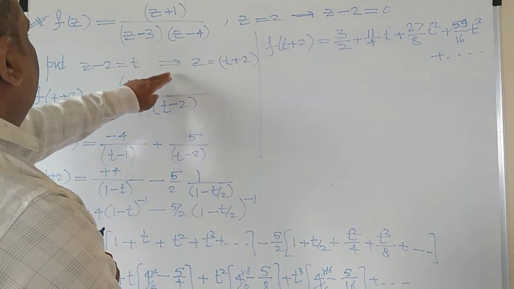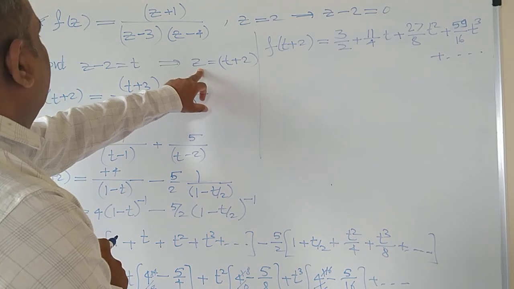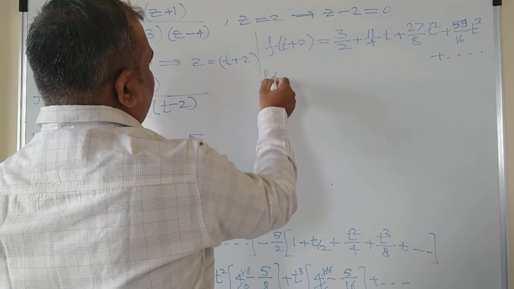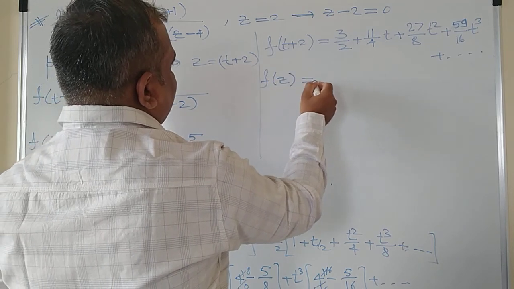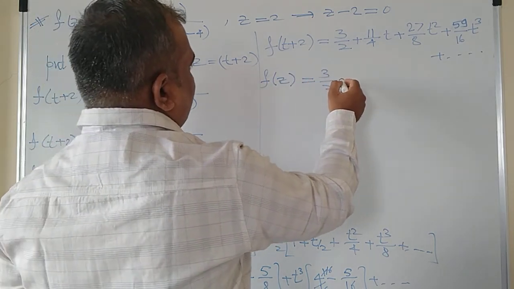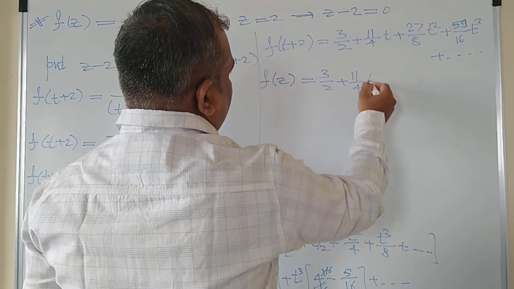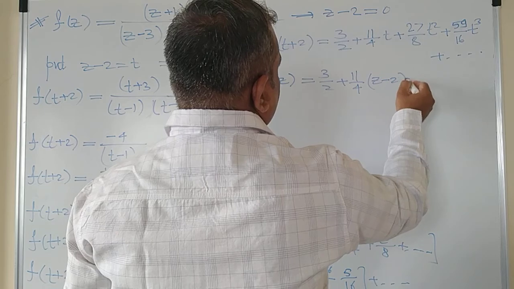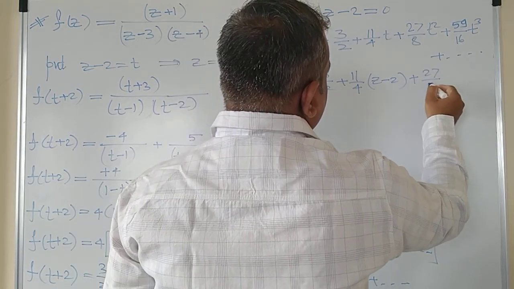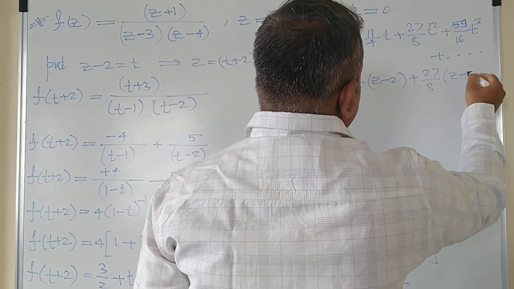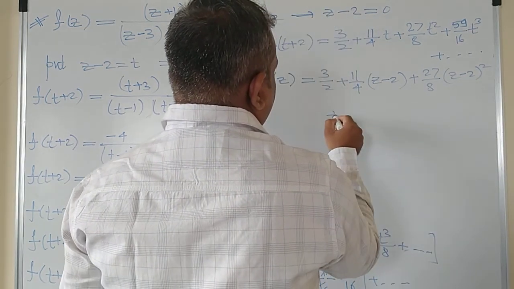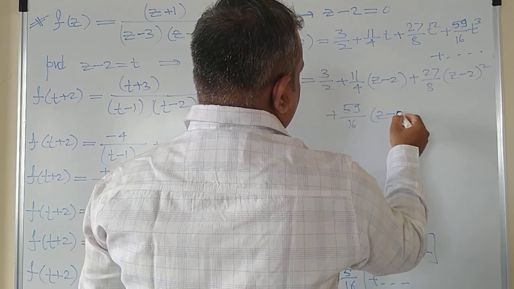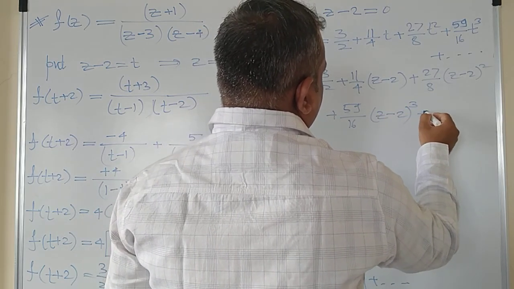And now put again your given substitution, so t plus 2 is equals to z, so f of z is equals to 3 by 2 plus 11 by 4 times z minus 2 plus 27 by 8 z minus 2 square plus 59 by 16 z minus 2 cube.